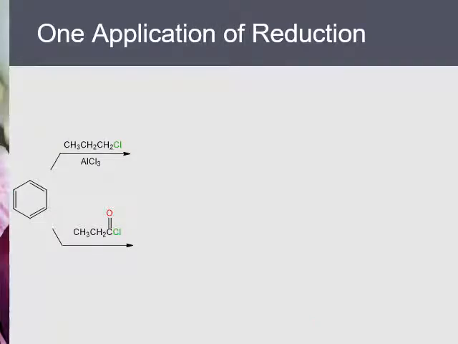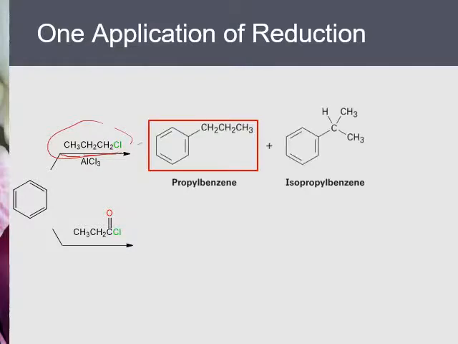Okay. The reactions mentioned above have other advantages. For example, if we perform Friedel-Crafts alkylation using chloropropane, the product will be propylbenzene. All right, and due to the rearrangement, remember the cation rearrangement forms a more stable carbocation, so we also make isopropylbenzene. So the product is a mixture of these two.